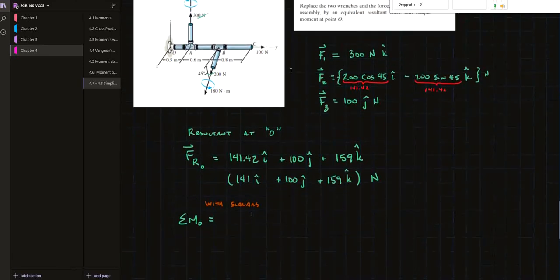So I have x components, y components, and z components, and I just need to figure out distances to O. So first up is 300, this guy, who is 0.5.